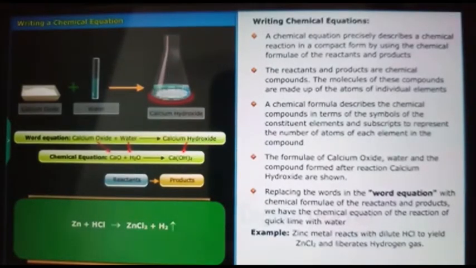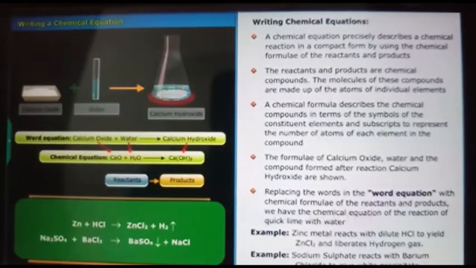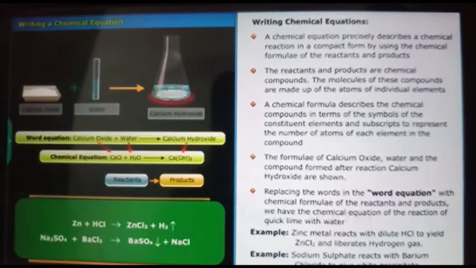For example, zinc metal reacts with dilute HCl to yield zinc chloride and liberate hydrogen gas. One other example, sodium sulfate reacts with barium chloride to give a white precipitate of barium sulfate.